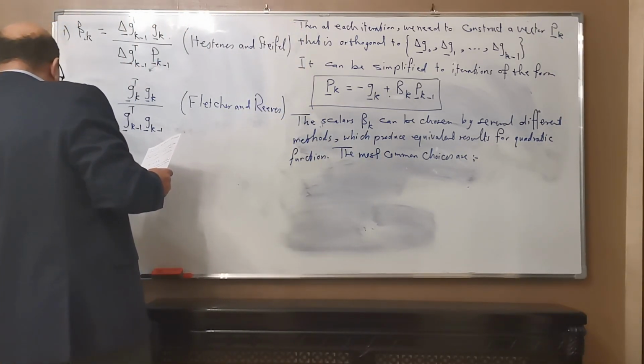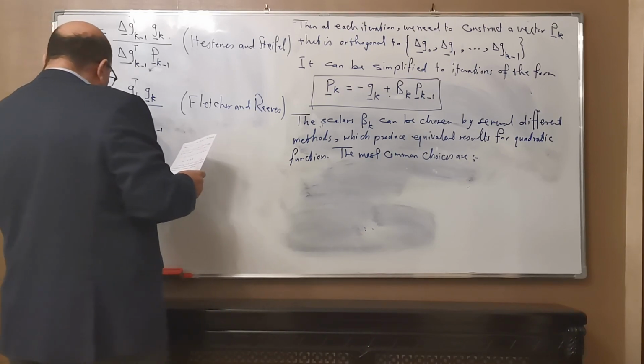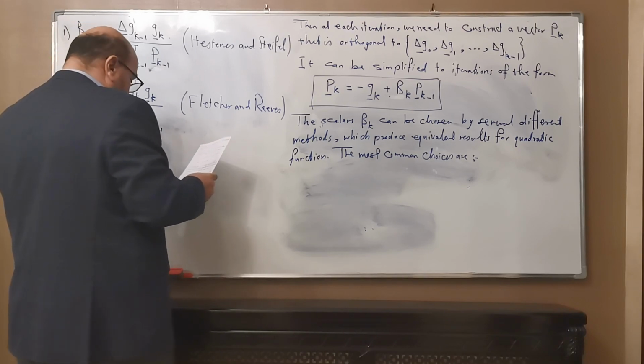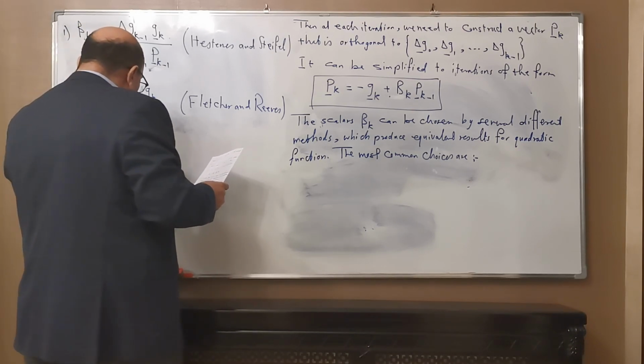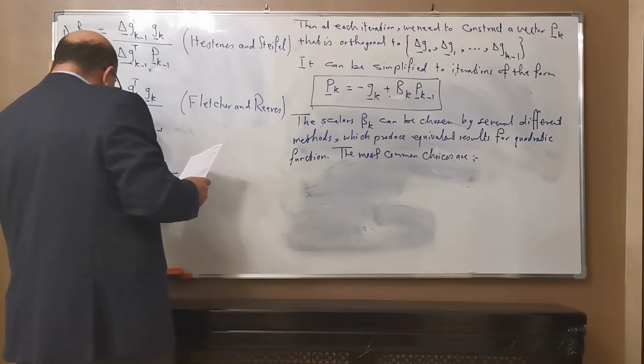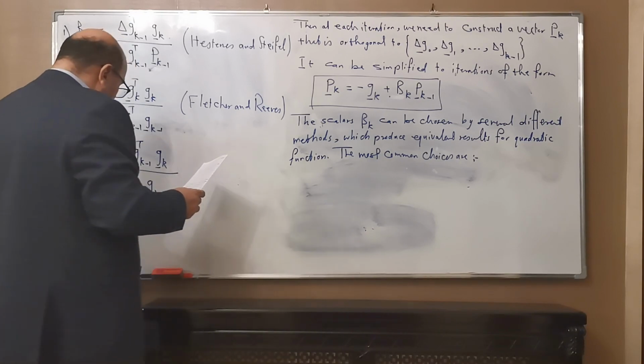And the third choice is beta k is equal to delta g k minus 1 transpose gk divided by gk minus 1 transpose gk minus 1.